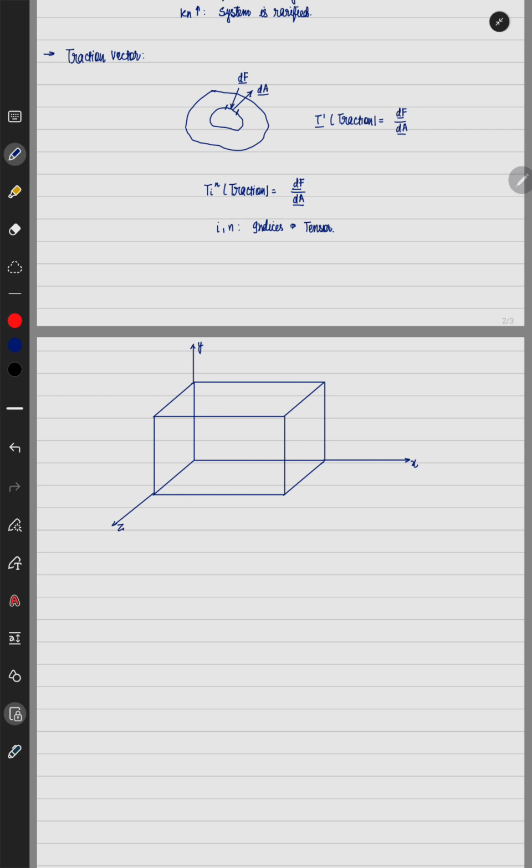The element that I have taken is of the shape of a cuboid.